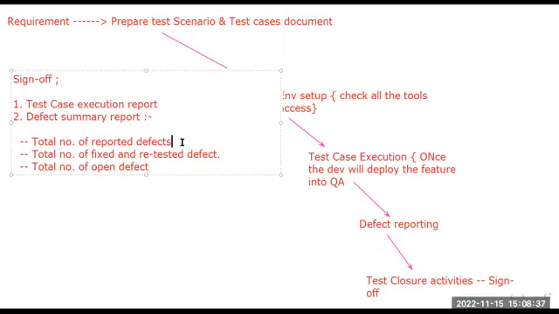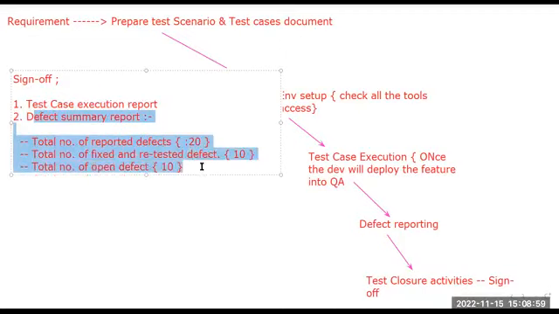So out of 20, 10 are resolved and retested, and 10 are still open. Likewise you can prepare your test summary report and defect summary report.